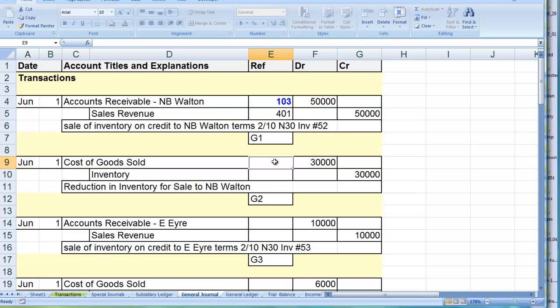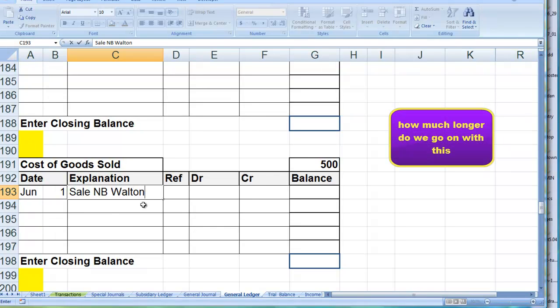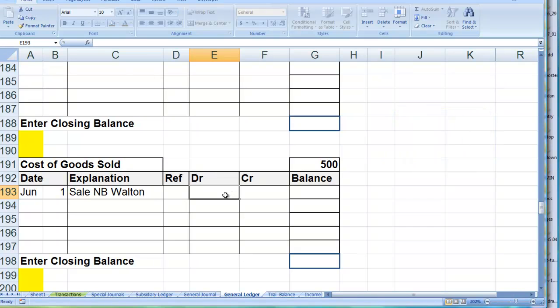The account number for cost of goods sold, June 1, explanation, sale NB Walton. Well, really it is the associated cost of sales NB Walton. The amount was 30,000 and the balance is 30,000.